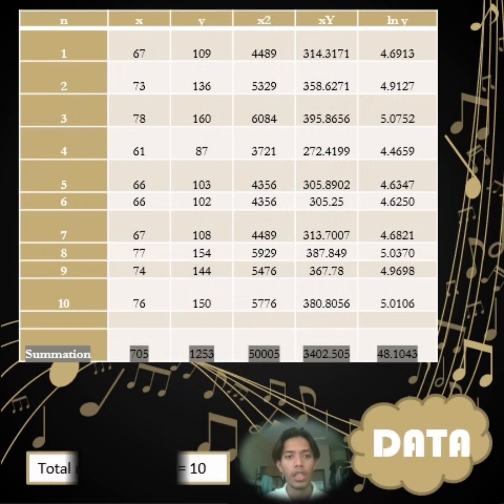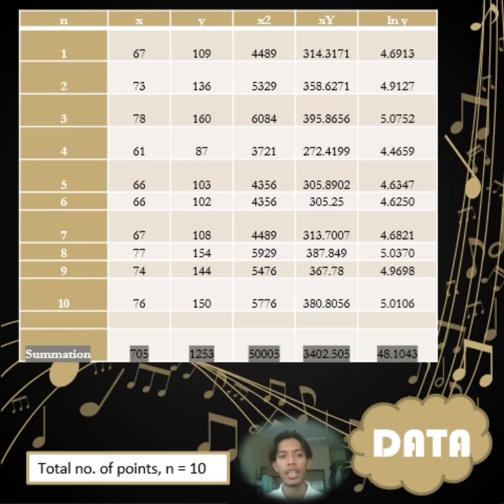Based on our data, we need to determine the respective values of n, summation of x, summation of y, summation of x squared, summation of xy, and summation of ln y.